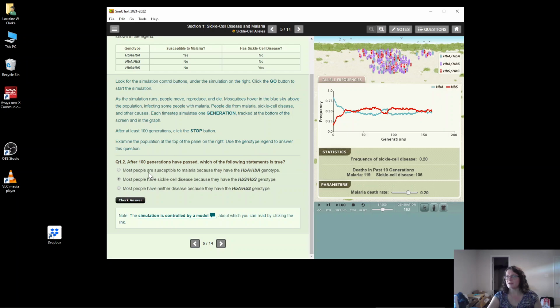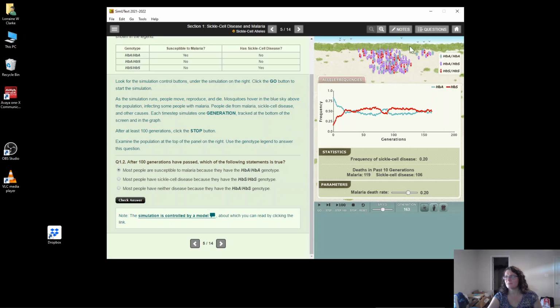Most people are susceptible to malaria because they have this big A genotype. And the answer is true, okay? Most people have sickle cell because they have big S. Sure, but the concept here, though, is that the malaria is hitting mostly these big A individuals.